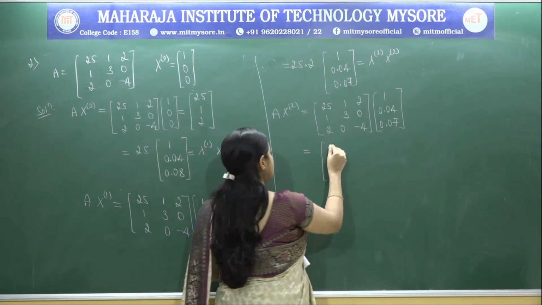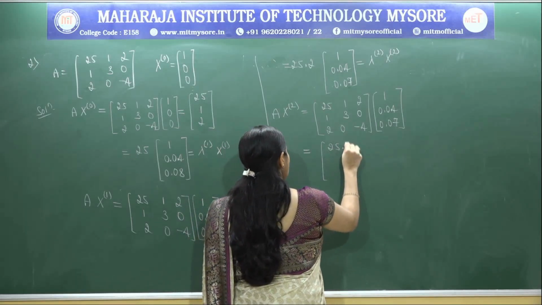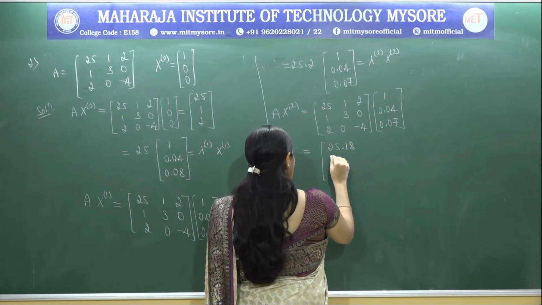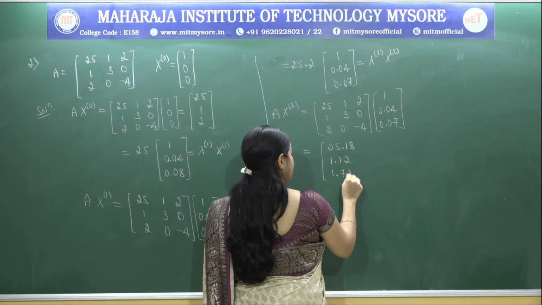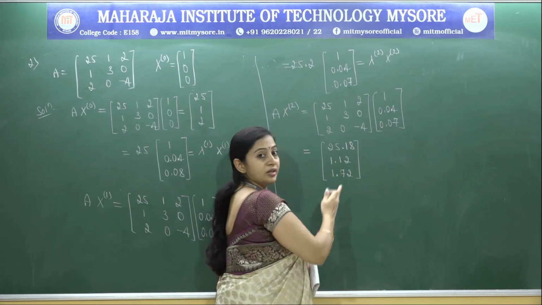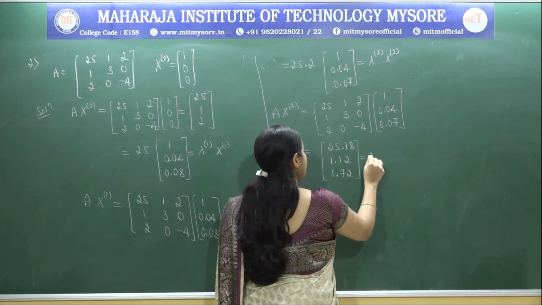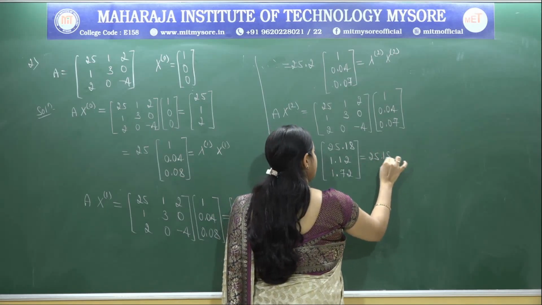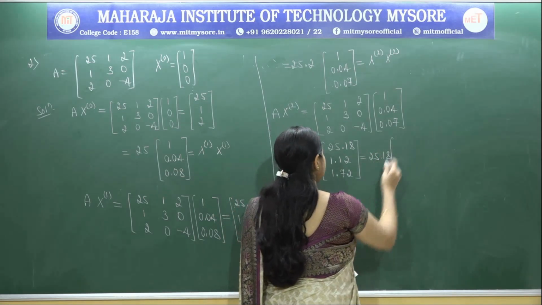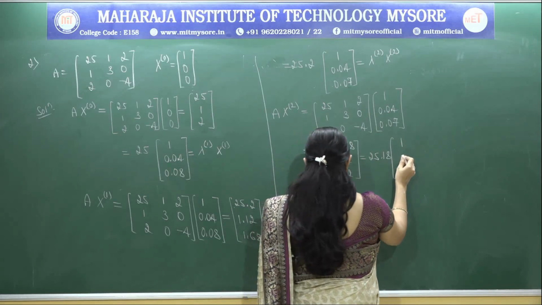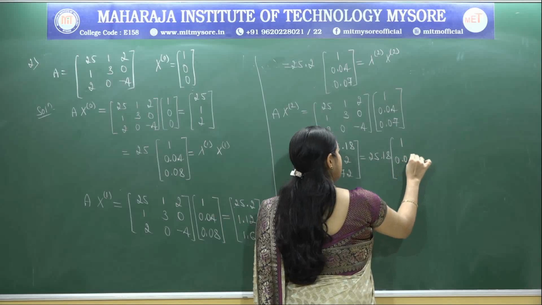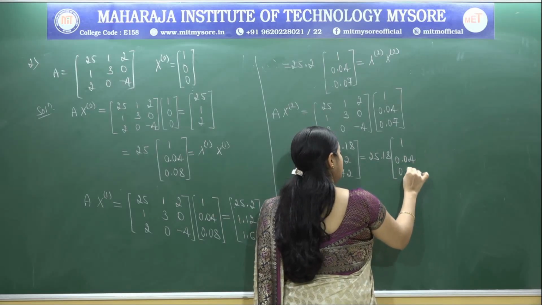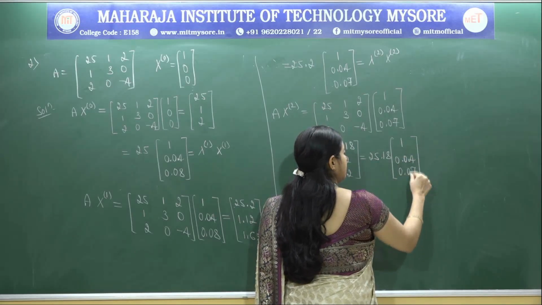Take the matrix multiplication, you will get 25.18, 1.12, 1.72. So in this, the 25.18 is the largest entry. Take this as a common, the first term is 1, the second term it is 0.04, third one 0.07.